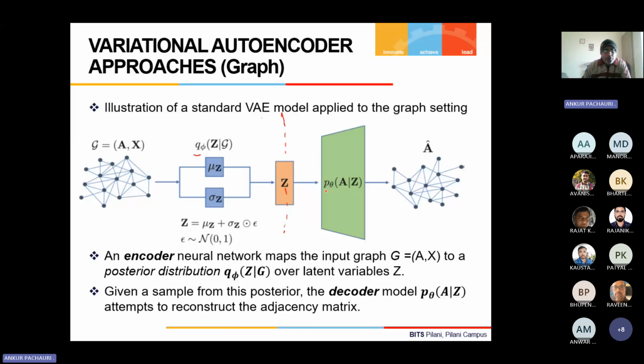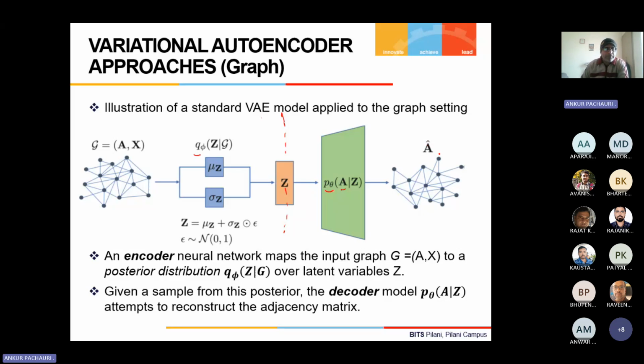Both encoding and decoding are probabilistic activities, and the decoder of the variational autoencoder, the VAE, takes this concise information into account and tries to rebuild the actual graph, which we call A cap.